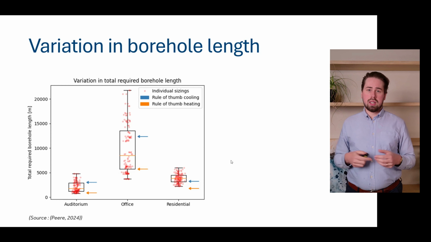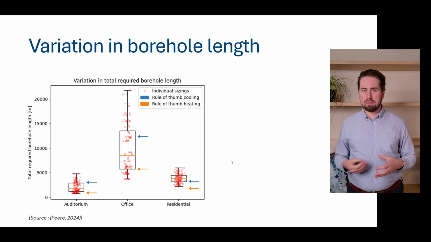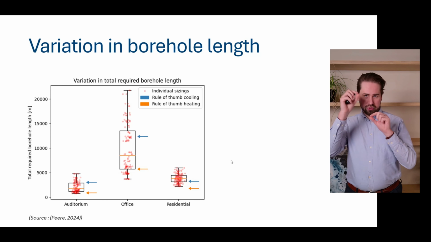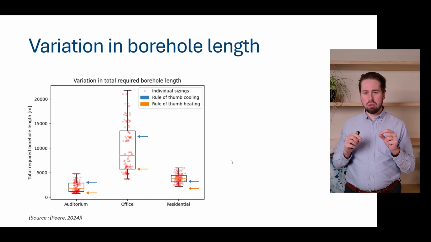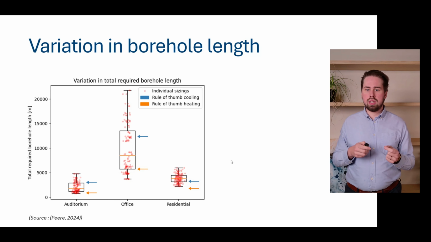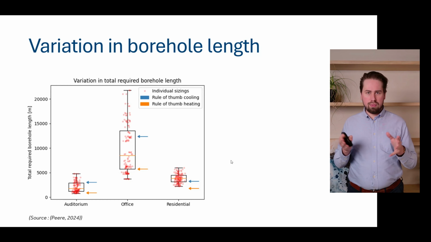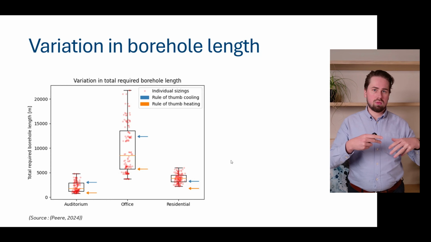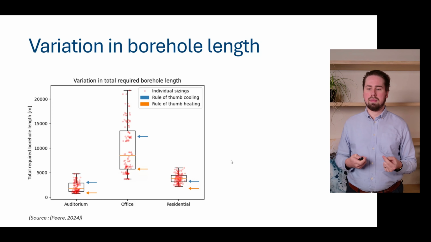So perhaps you can say, okay, perhaps my 30 watts per meter is just wrong and I need another number. So what we can do is we can take these different red dots and the total borehole length, divide them by the peak power, heating and cooling, and then get the same figure but for the specific heat extraction. So basically reverse engineer your rule of thumb.